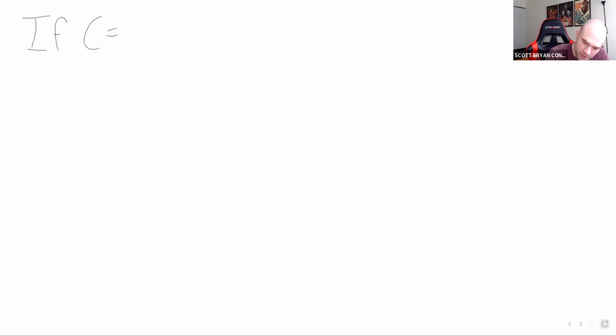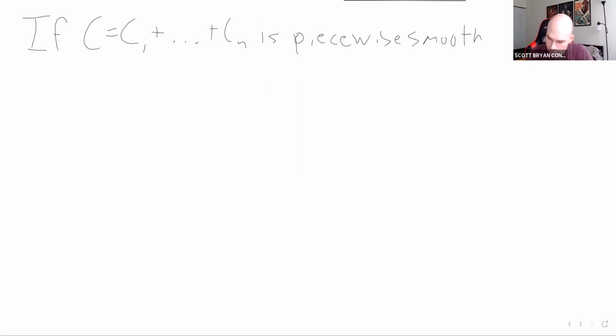So if C is piecewise smooth, then how do we integrate over C? Well, that's pretty easy.